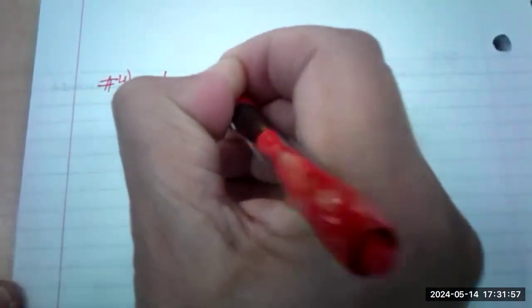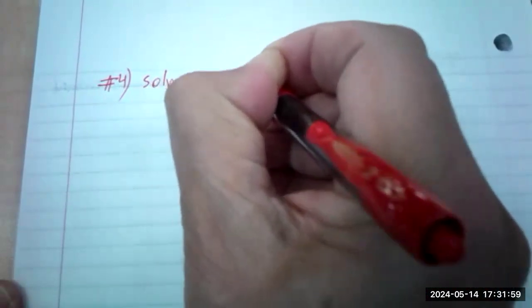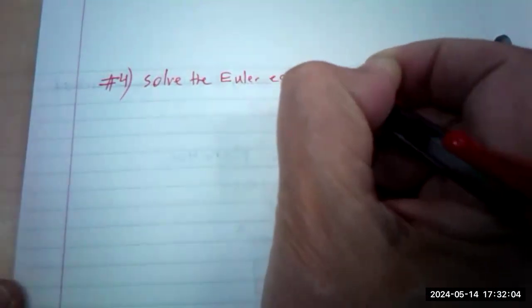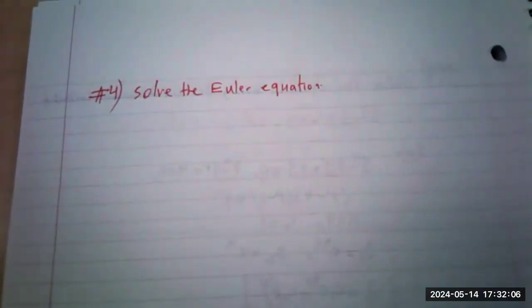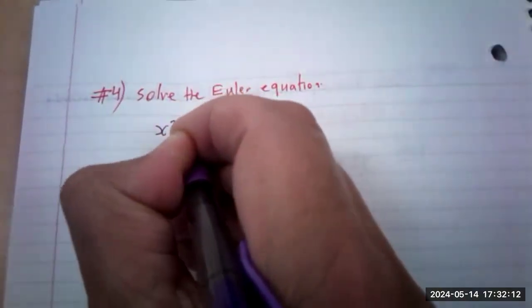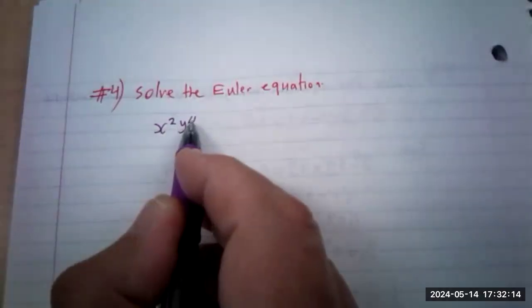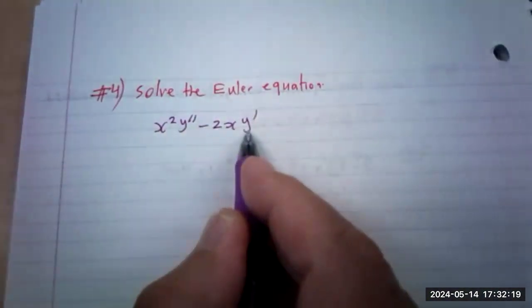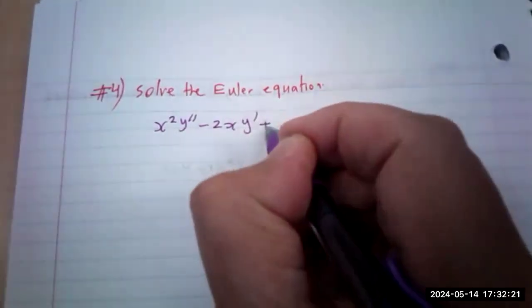Number 4, we want to solve the Euler equation. Let's solve the Euler equation. In an Euler equation of this type, the order of the derivative and the powers of the x must be the same. So that's it. x squared, y double prime, you see, second order, minus 2x, y prime, first order, and the 2y.